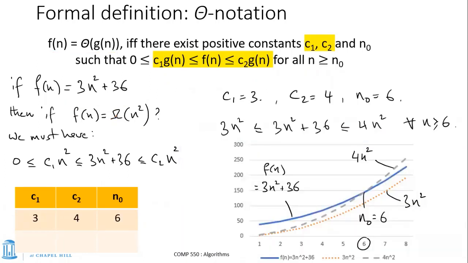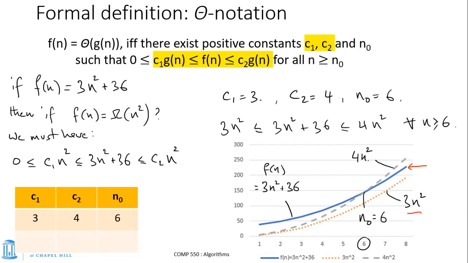Okay, so here what I've done is I've essentially plotted those two cases, and I've said that here is your function f of n, which is 3n squared plus 36, and we've got a lower bound where we're using 3n squared, and you can clearly see that this works.